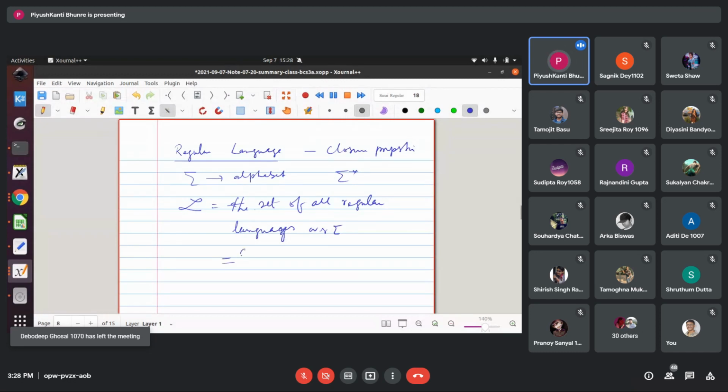So this is precisely, if I write it down, the subsets of sigma-star such that there exists a finite automaton, say M.